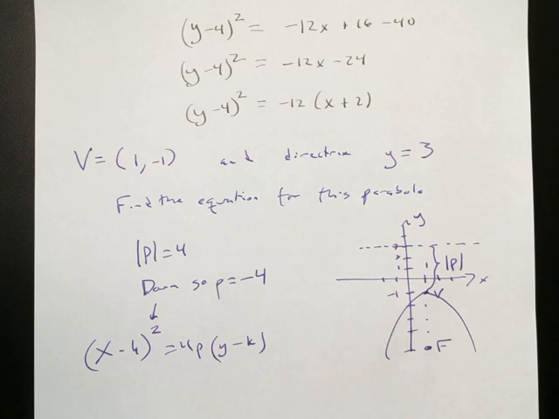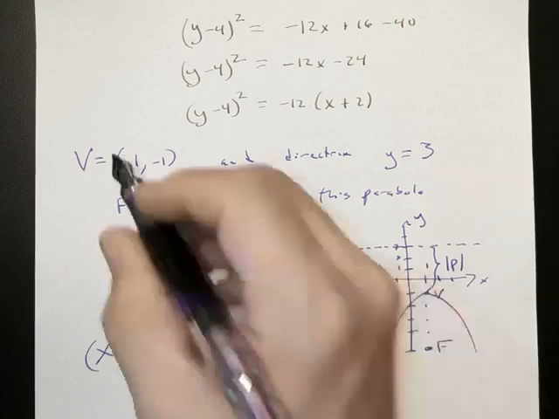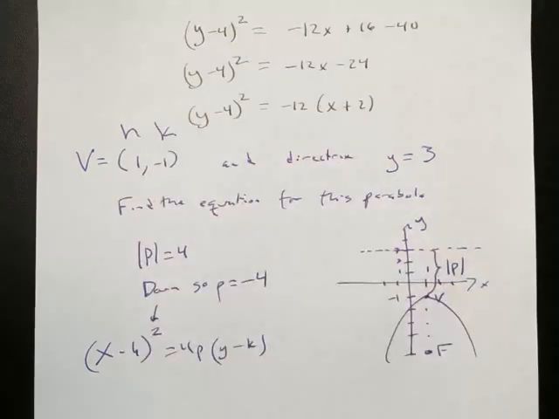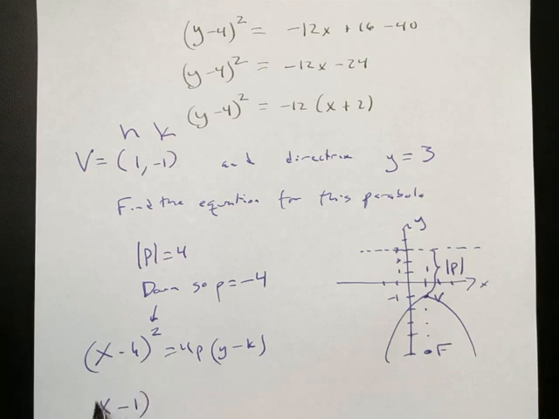Where's k? H and k come from my vertex. Go back up here, right, h and k. H goes with x, k goes with y. Same every time. So x minus 1 squared equals 4 times something times y minus -1.